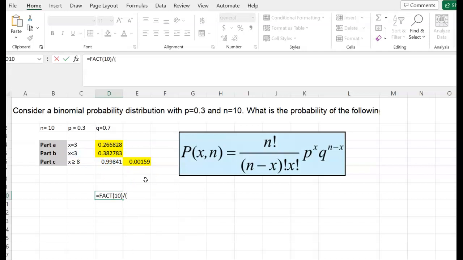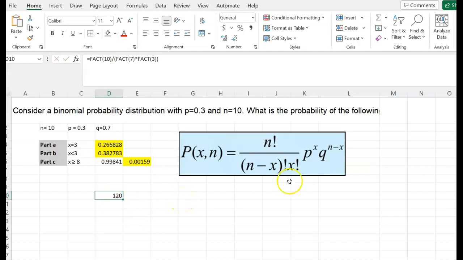We're going to do the factorial of 7, and we want to multiply that by the factorial of x, which is 3. Let's put that there. Then I'm going to put a double parenthesis around the denominator just to be safe.